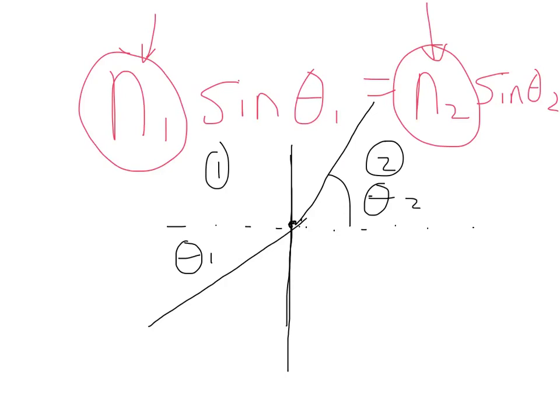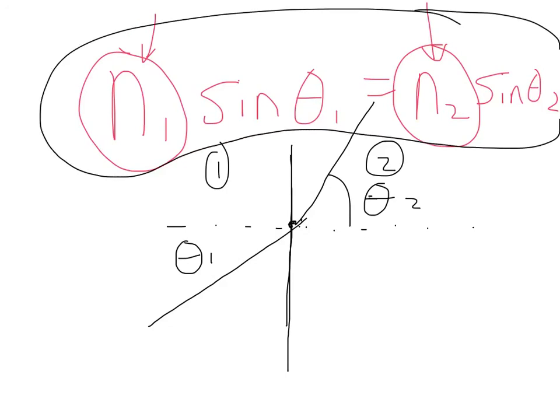That comes about as a result of the change in the speed of the light from one material to another. So the relationship between theta 1 and theta 2 is given by Snell's law right here. We'll talk about that in the next slide, but you'll be seeing it in the lab on Monday.